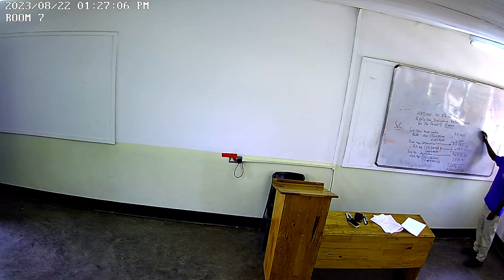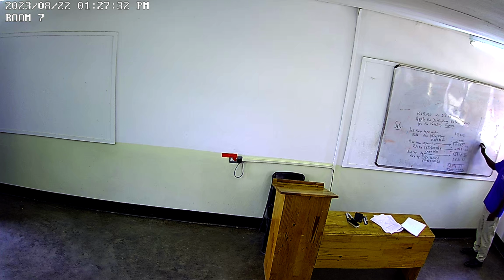Our C is 5,000. Open bracket 1 minus the rate, 5%, which is 0.05, to the power, how many? Let's put to the power 3. Let's just find out this way.